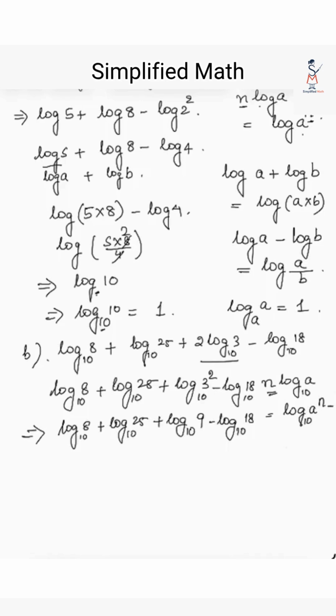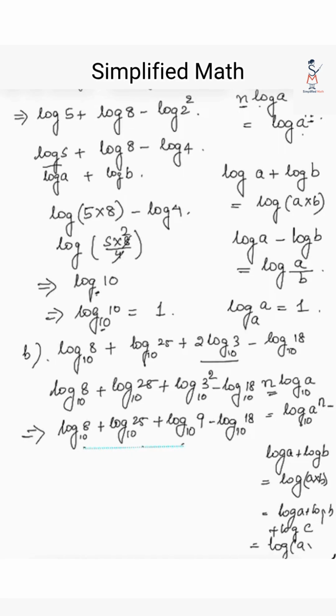Now again we will apply the rule, that is log a plus log b is what? It is log a into b. So now there are three numbers, log a plus log b plus log c, that is log a into b into c.